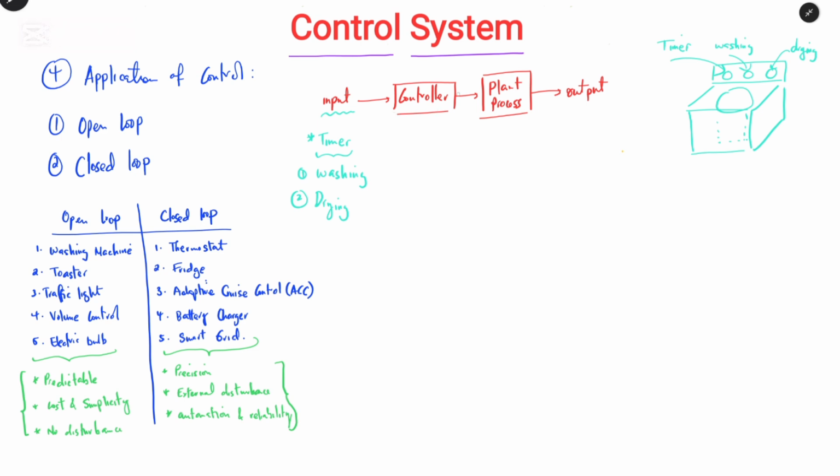And in terms of the controller, a controller is a circuit that regulates the plant. So we can have the circuit, and the plant is the motor, and the output will be washing or the drying.